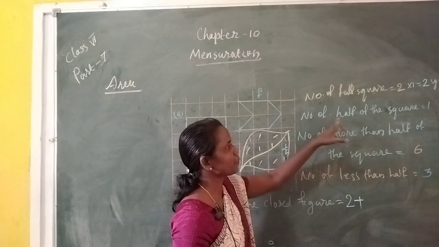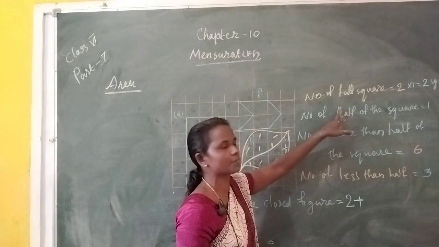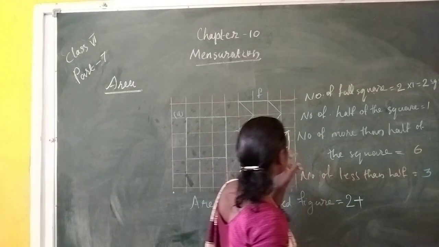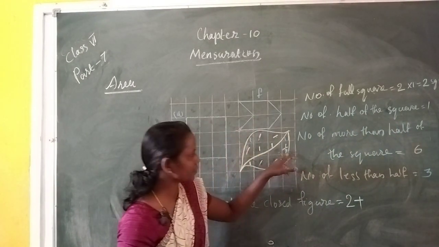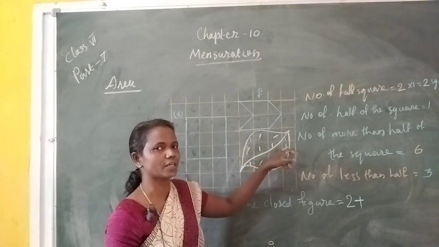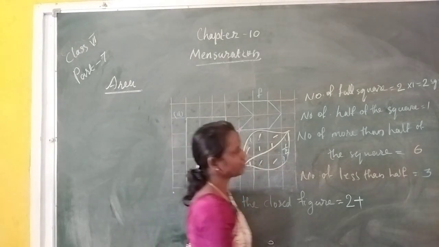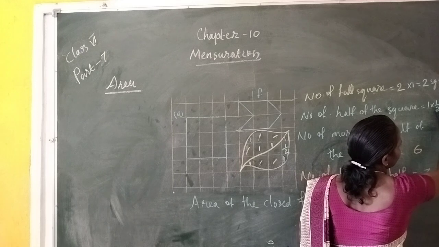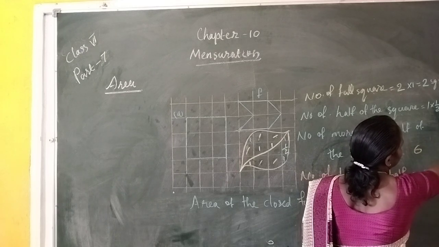Then next, the number of half squares. How many half squares? 1 half square. So we take this as half: 1 into half. What is 1 into half? Half a square unit.